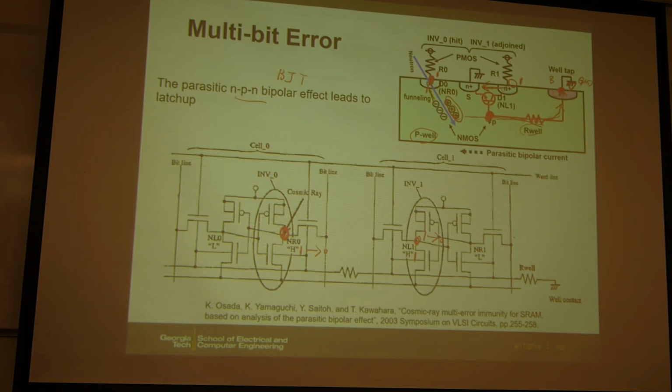But in this case, because you are generating current and you have current flowing in the substrate, the substrate at some locations will be positively biased, then you turn on this parasitic BJT, and you cause the latch-up effect.